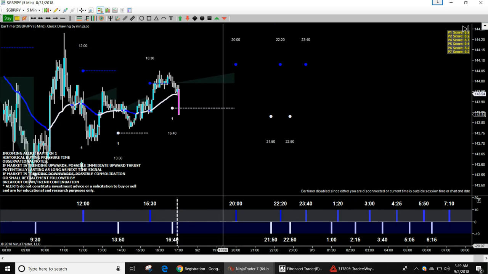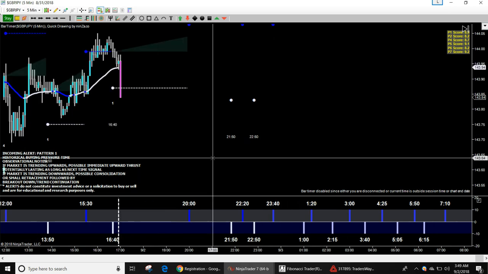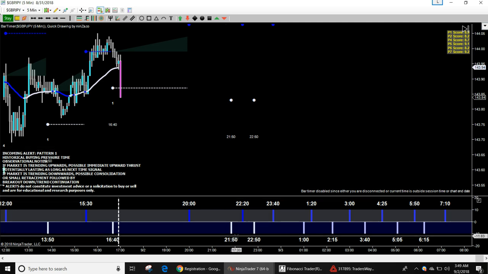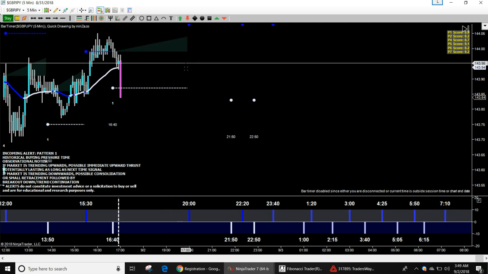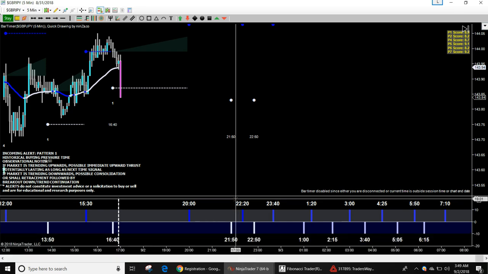But again, 34 is probably going to be another buy area if it gets to 143.34. I'll be looking for another buy down there if we get down there, or if we continue on to the north, because I'm already in the trade. All right, that is the Great British Pound JPY.